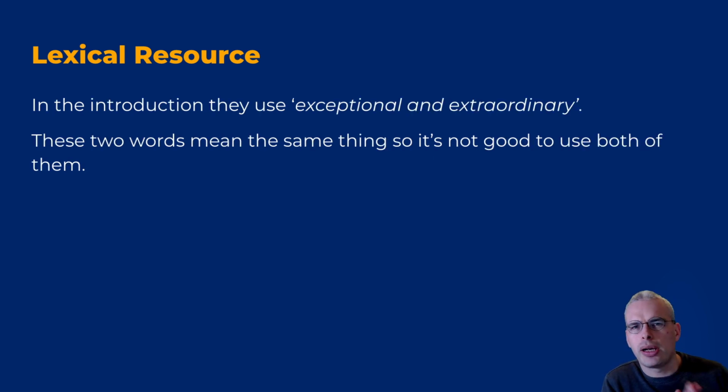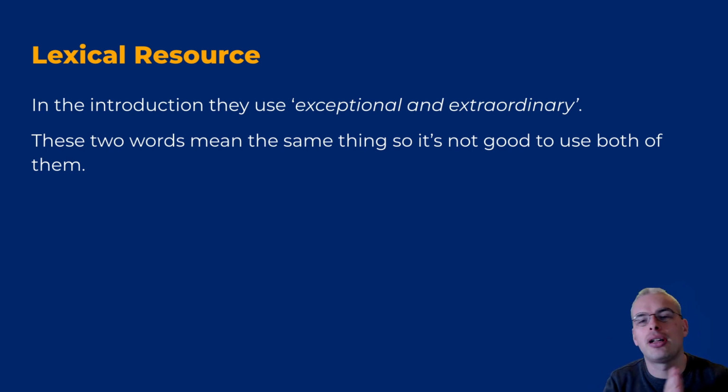Another thing which is quite interesting, and some people might not realize, is about phrases like this. In the introduction they've said "exceptional and extraordinary." This is something I see quite a lot when I'm grading IELTS exams, and the problem is that both these words mean the same thing: both not normal, both very good.